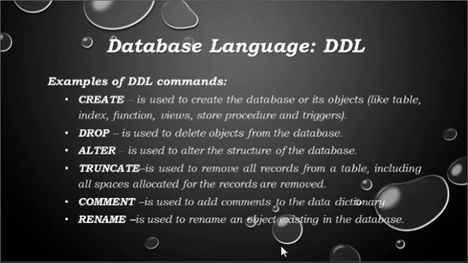But there is some difference between delete and truncate. The truncate command also removes the space allocated to those records, but the delete command does not remove that allocated space. I hope I'm clear about the difference between truncate and delete. The truncate command is included in DDL, but the delete command is used in our DML commands.